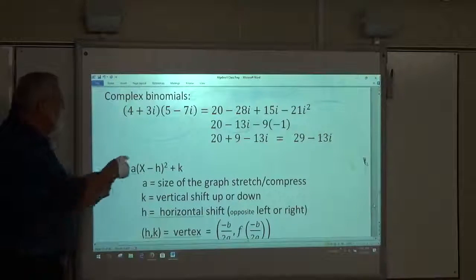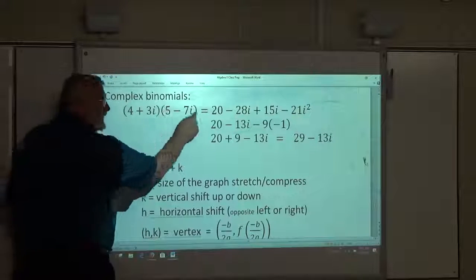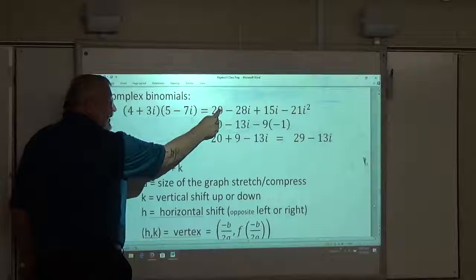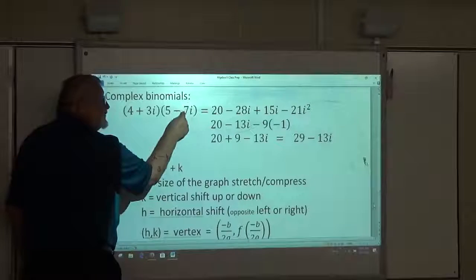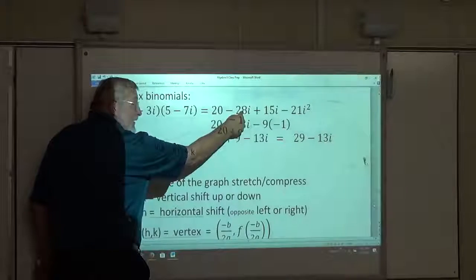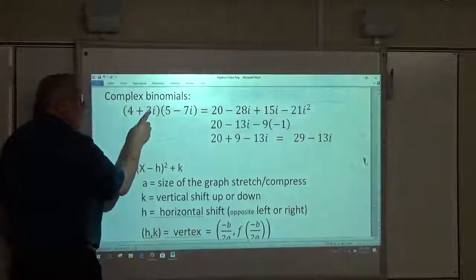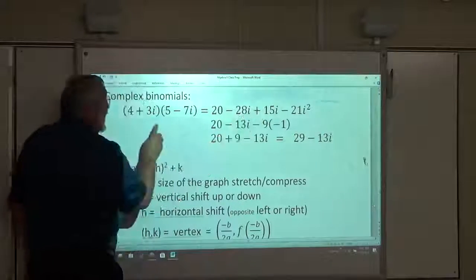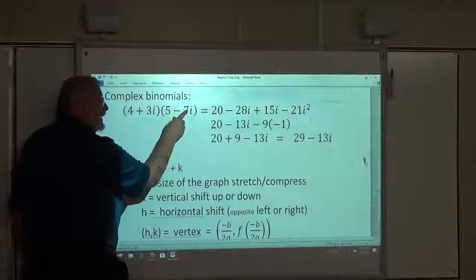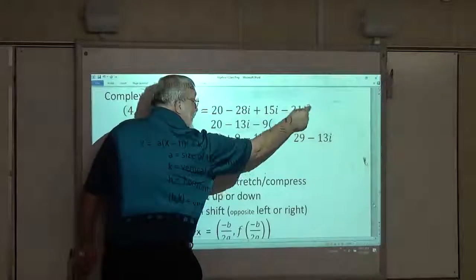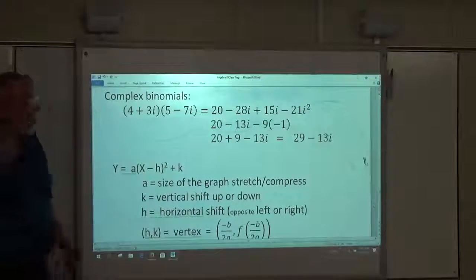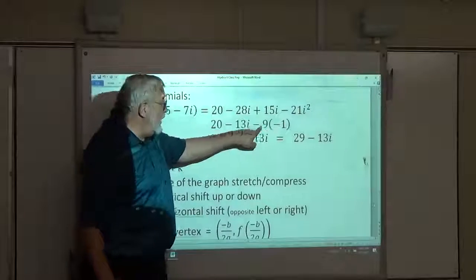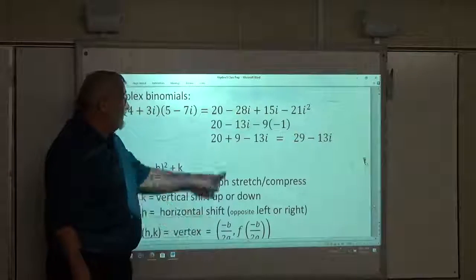So we have 4 times 5, 20, right? And then 4 times -7i, -28i. That's right. Now, 3i times 5, 15i. And then 3i times -7i is -21i squared. But because i squared is -1, this is going to become plus 21.